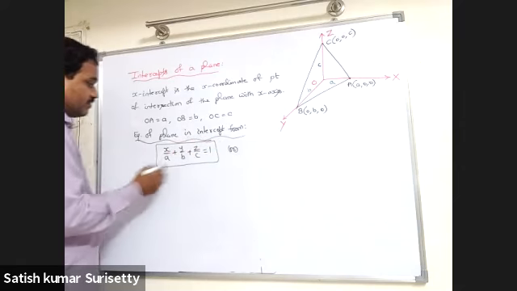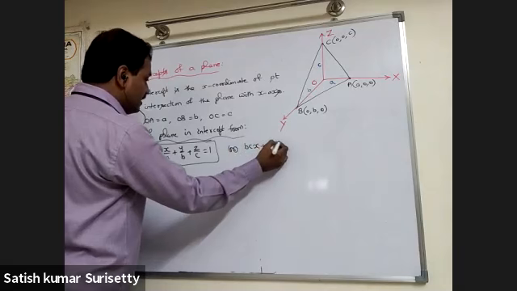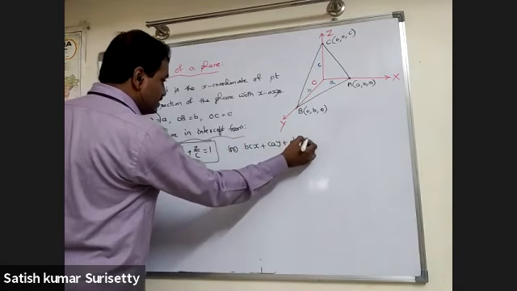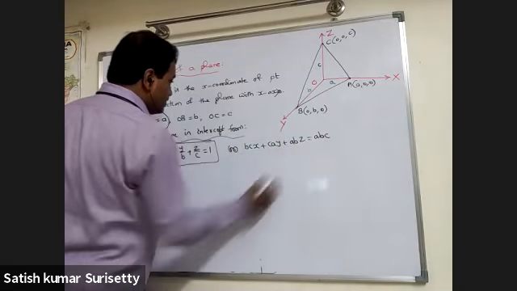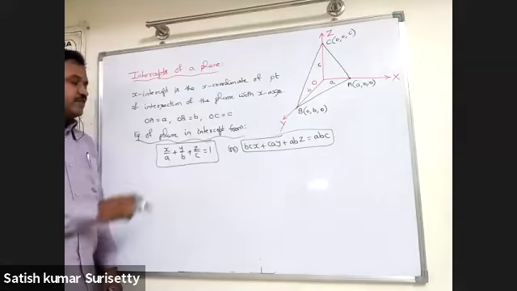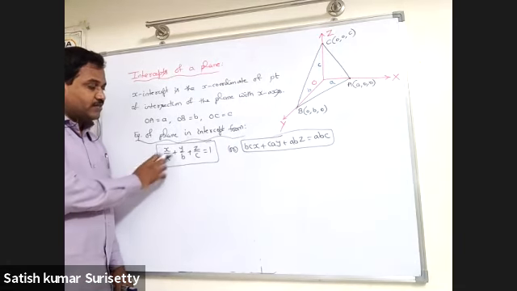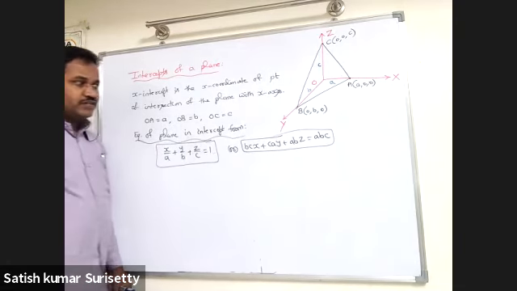Or in simplified form, bcx plus cay plus abz equals abc. In 2 dimensions, the intercept form is x by a plus y by b equals 1, whereas in 3 dimensions it is x by a plus y by b plus z by c equals 1.